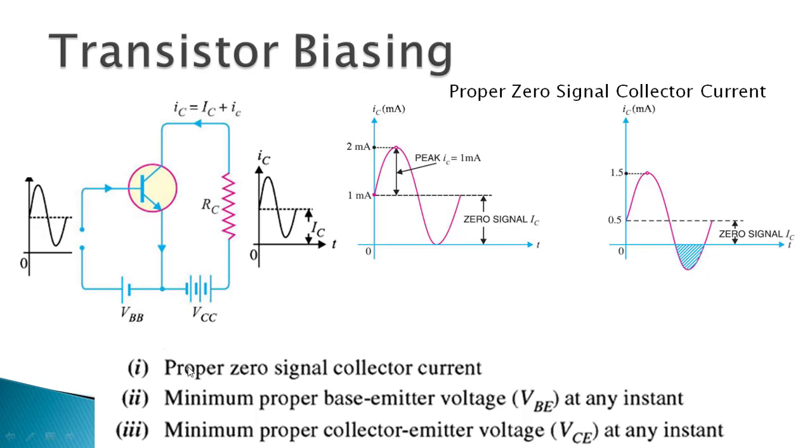So we should give the proper zero signal collector current. How do we give it? We should give the proper base current accordingly, because beta is equal to IC by IB. Suppose we want the zero signal collector current IC, then the zero signal base current IB is equal to IC divided by beta.